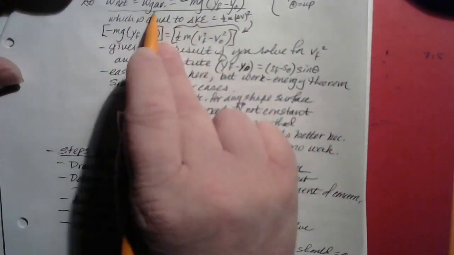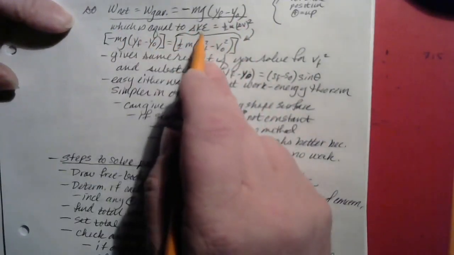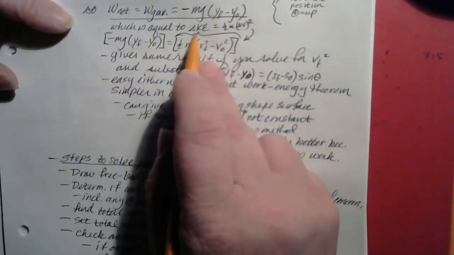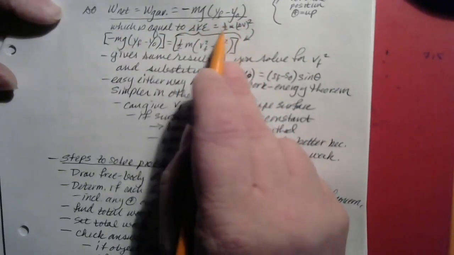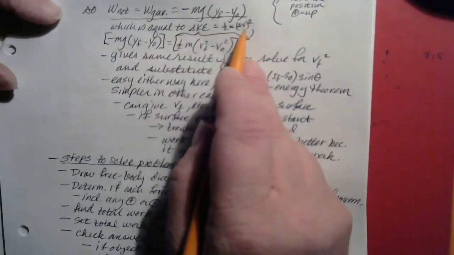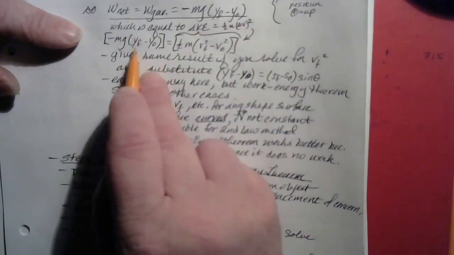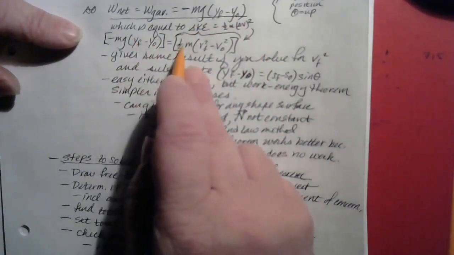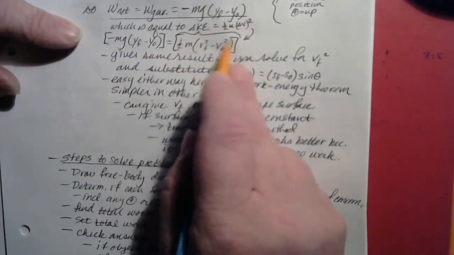Okay, the net work in this situation is equal to the change in potential energy, and it's also equal to the change in kinetic energy. And change in kinetic energy could be written as 1/2 m times delta v, change in velocity, squared. So we can take negative mg (yf minus yo) equals 1/2 m (vf squared minus vo squared).